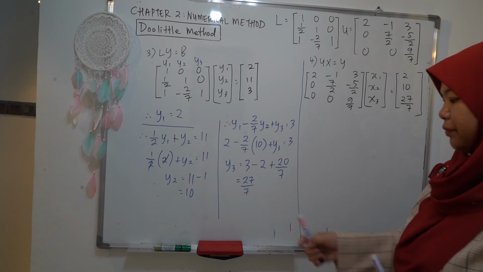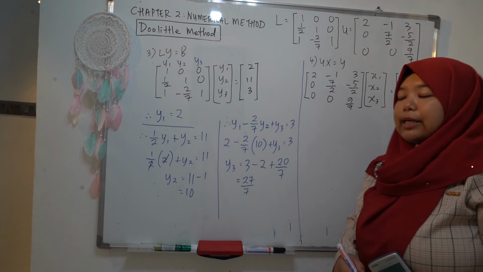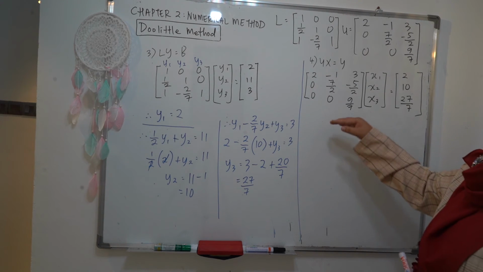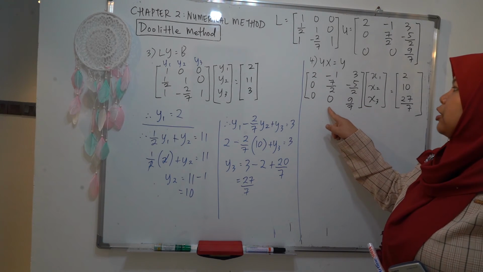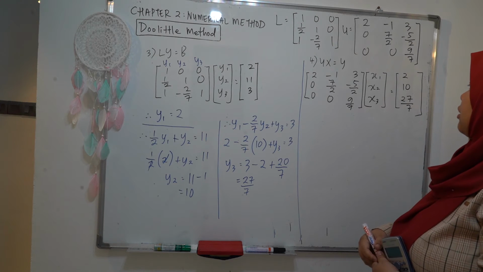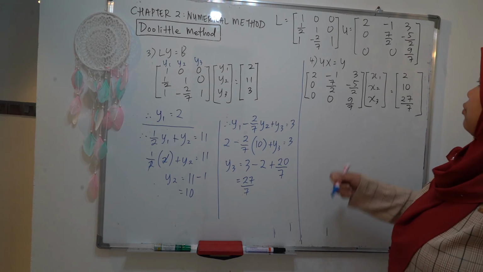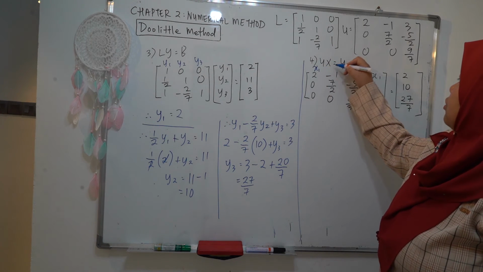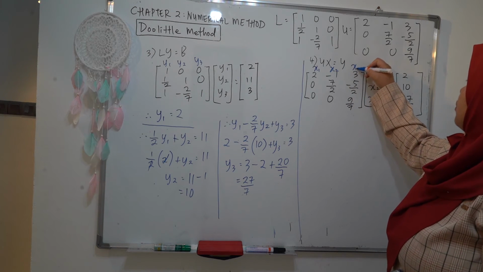Like I always say, I will start with the row with the most zeros. So I will start with row number 3. For this case, I will put here x1, x2, x3.